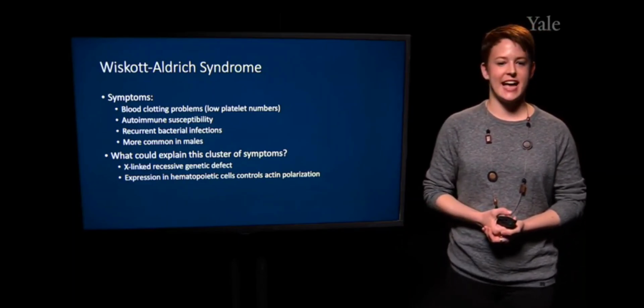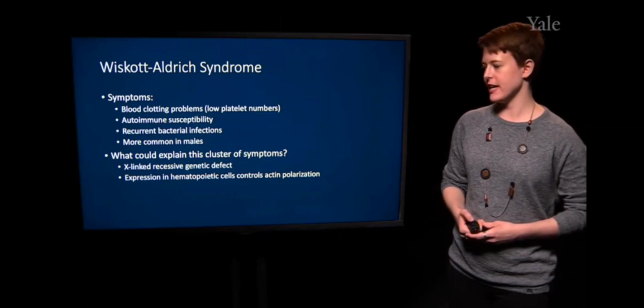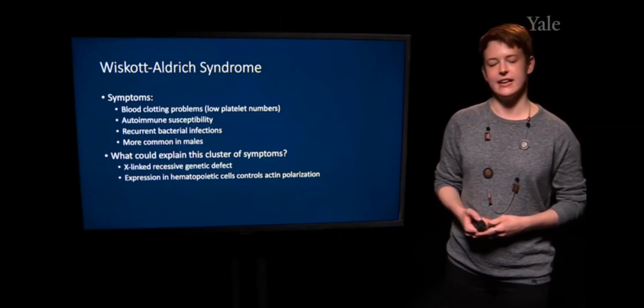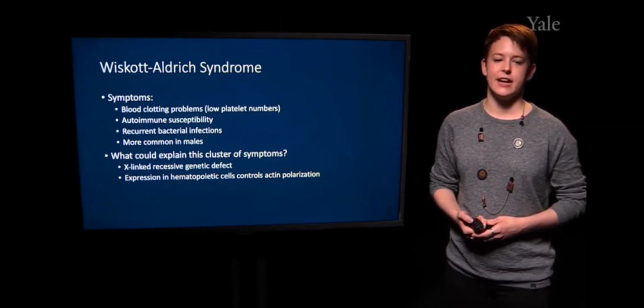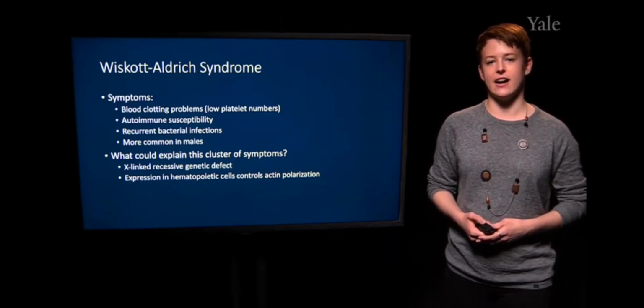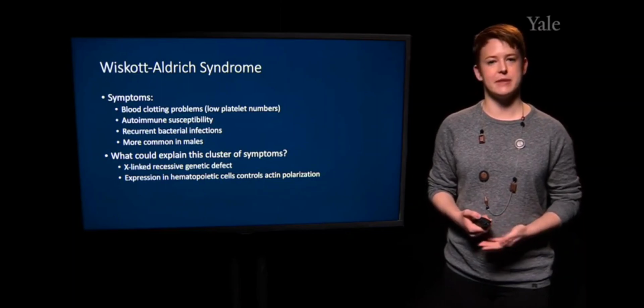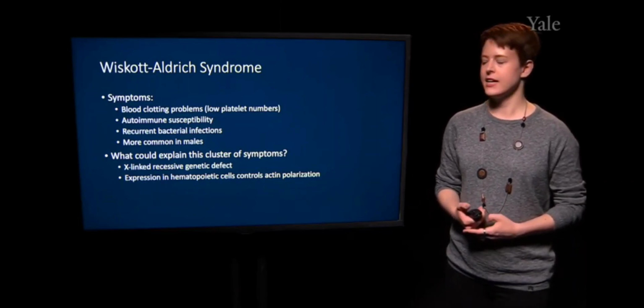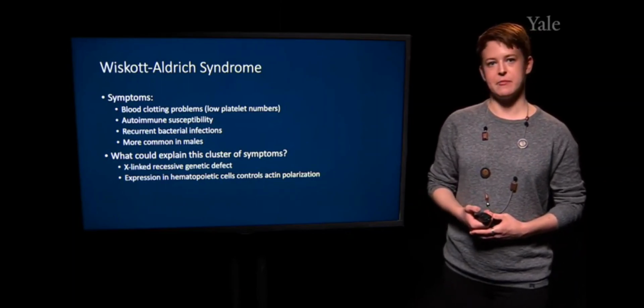Since immune cells as well as blood cells are developing in the bone marrow, they are affected by the WASP defect. So this also helps explain the blood clotting problems and low platelet numbers.